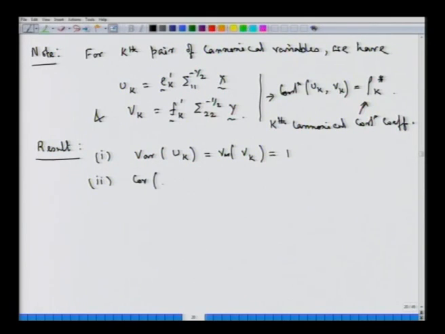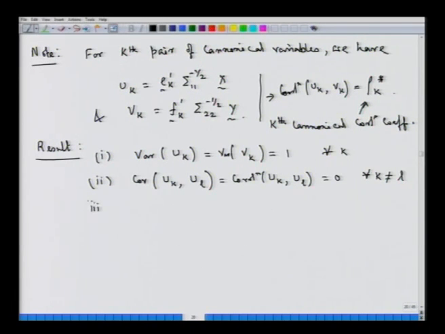We will have the covariance between U_k and U_l. Since this is true for all k, and we have variances equal to 1, the covariance between U_k and U_l is also equal to the correlation between U_k and U_l, and they are equal to 0 for every k not equal to l.